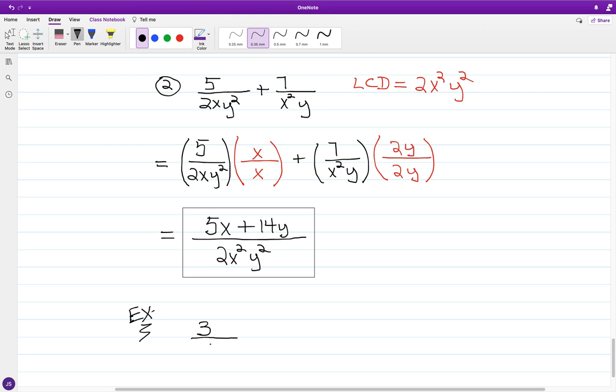We have 3 over 8x cubed y squared, plus 1 over 24xy, and we'll say plus 2 over 27x to the 4th y to the 3rd.